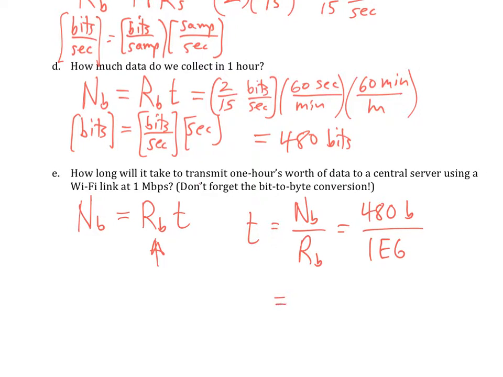I don't need a calculator for this one. It's 480 times 10 to the minus 6 seconds, or 480 microseconds, or 0.48 milliseconds. So at this very high data rate, it takes a very short amount of time to send this data.